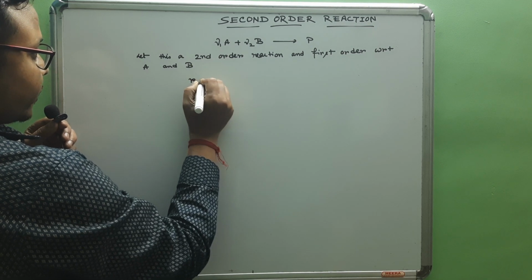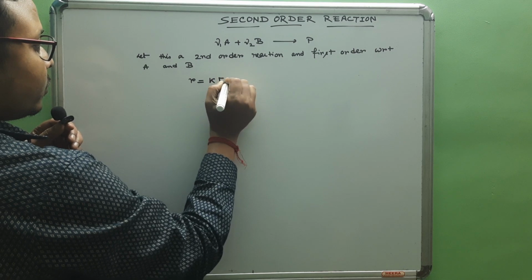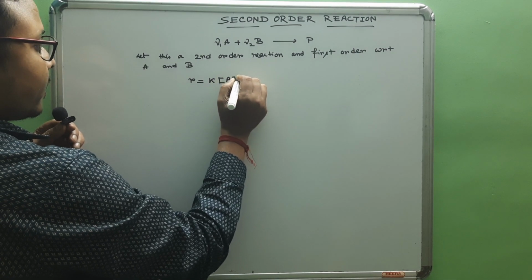The rate of the reaction R equals k into A into B.